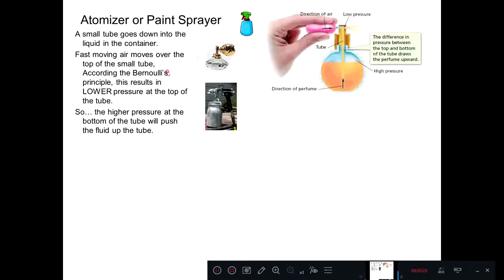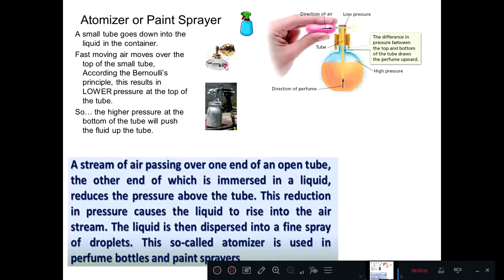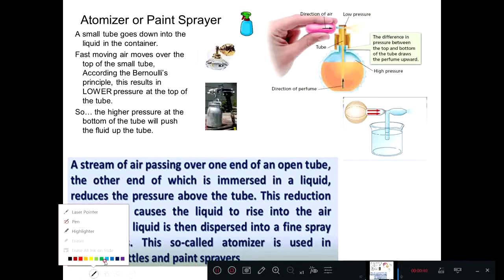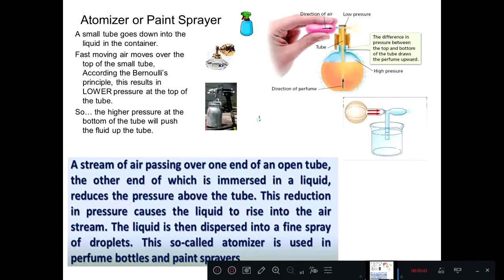So how will these devices work based on the principle of Bernoulli? As you all know, the pressure is inversely proportional to the velocity.